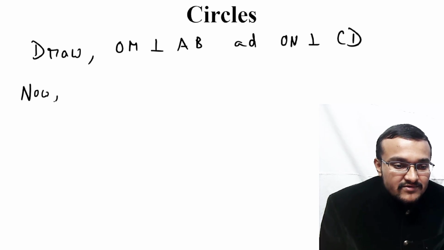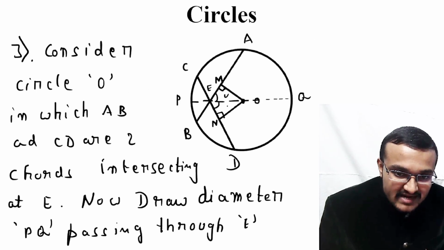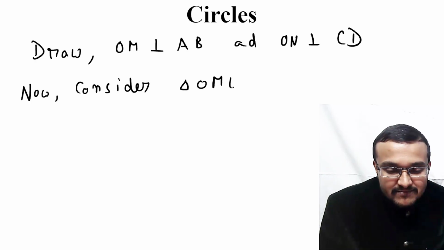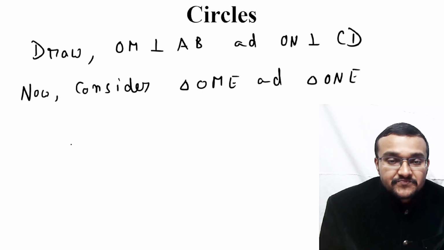Now you have to consider these two triangles, that is OME and ONE. So consider triangle OME and triangle ONE.